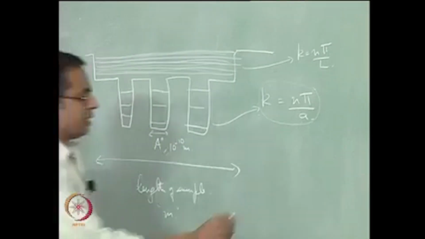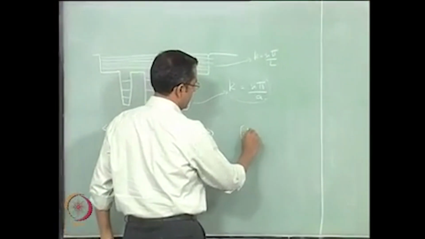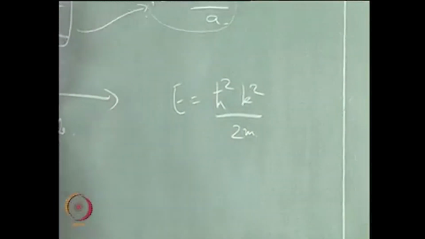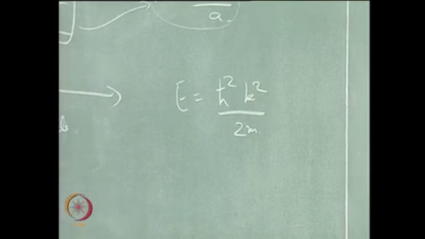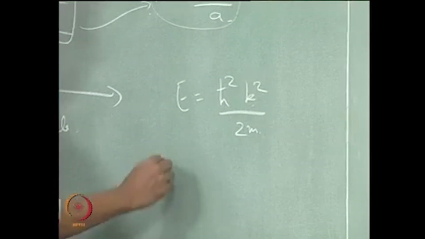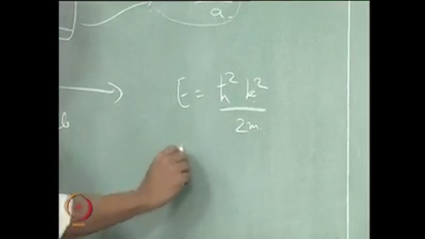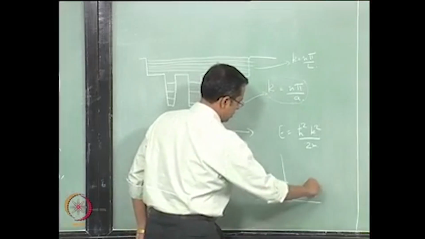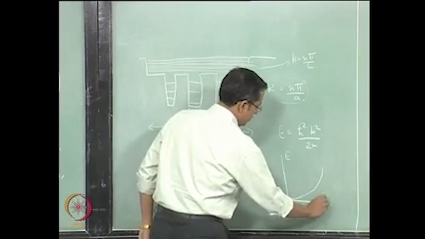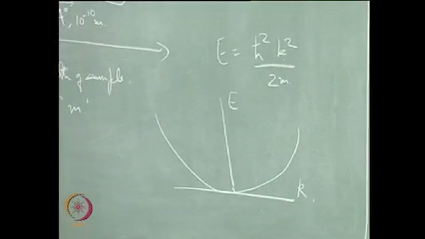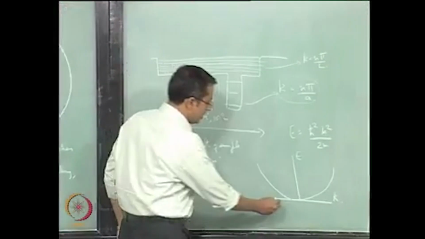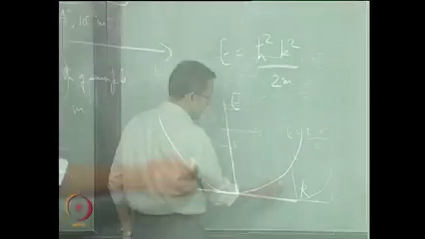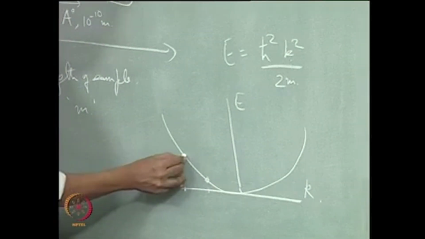Now we also said that energy is h bar square k square by 2m, and I said that for a free electron all possible values of k are allowed, therefore you get a parabola. So E versus k becomes a parabola for a truly free electron. For an electron that is confined, based on its confinement you will have only allowed values of k. The relationship still holds, but only at specific values can you have an allowed value of energy.